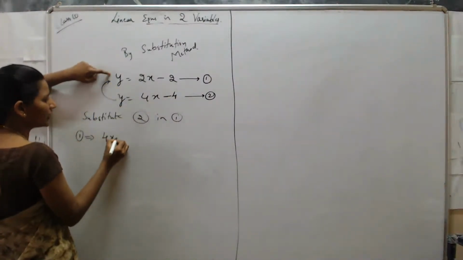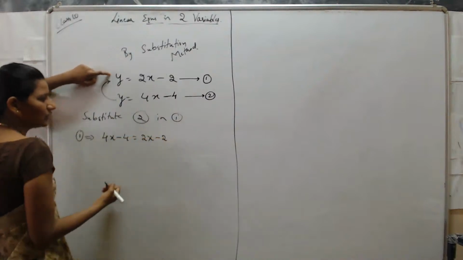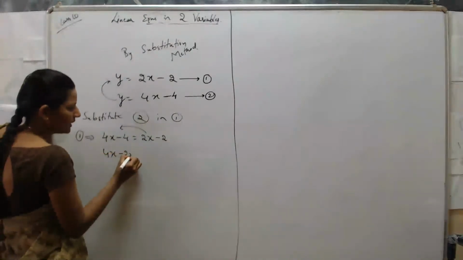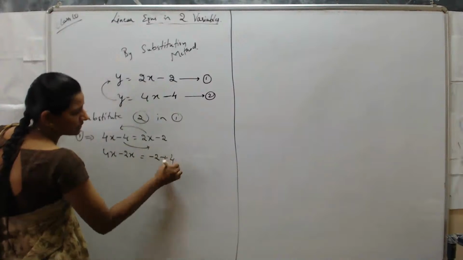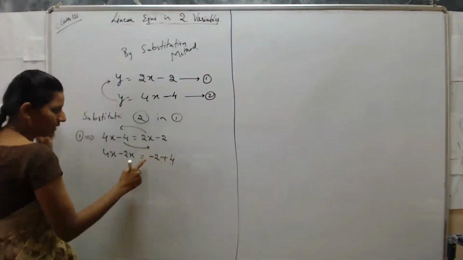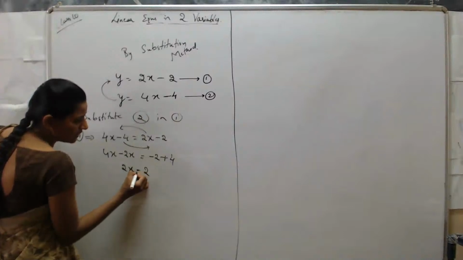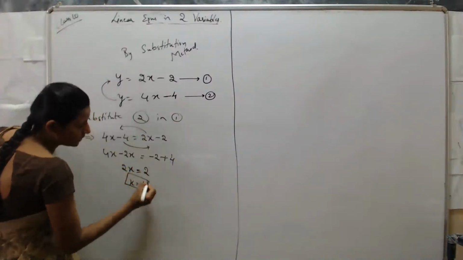That is 4x minus 4 is equal to 2x minus 2. Minus 2x goes to the right side, and minus 2 plus 4 means 4 minus 2. This is 2x equals 4 minus 2, which is 2. So x is equal to 2 over 2, that is x is equal to 1.